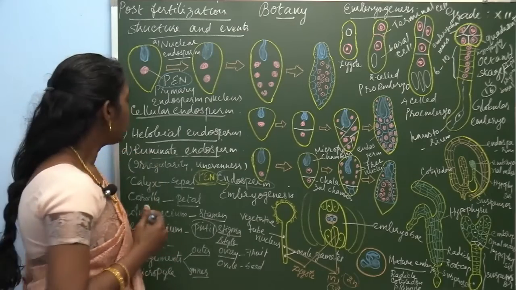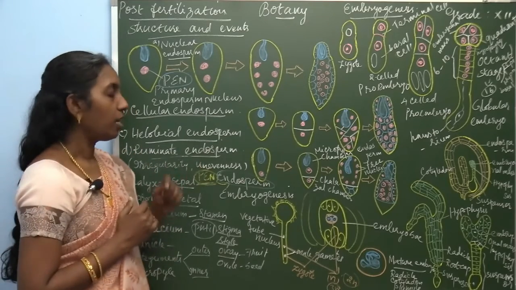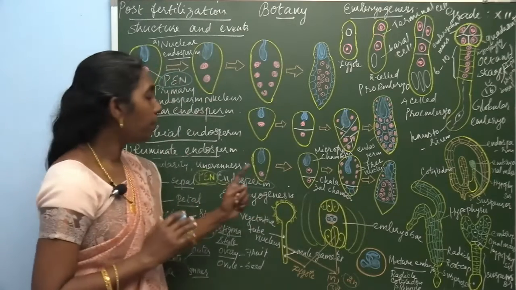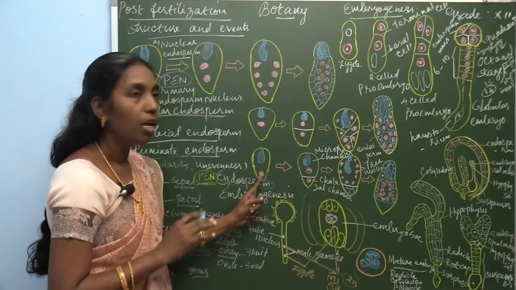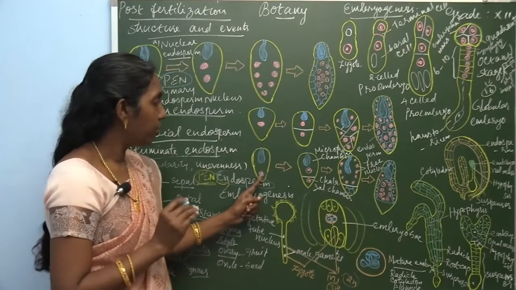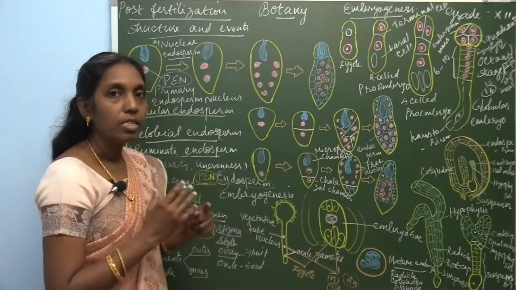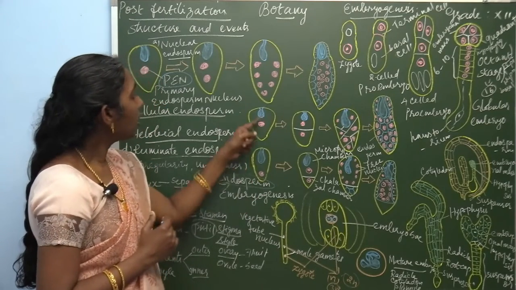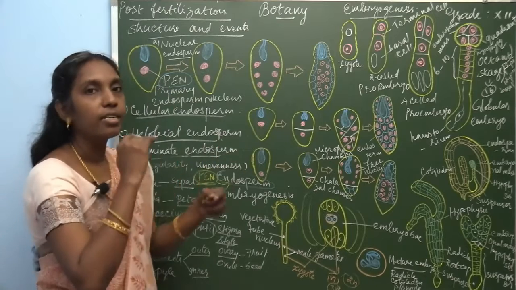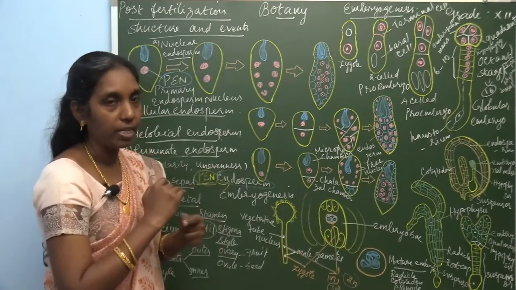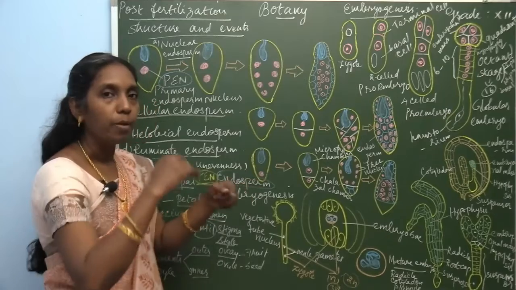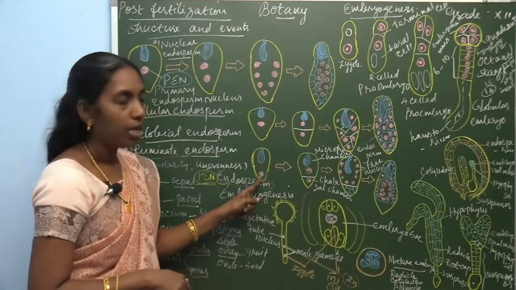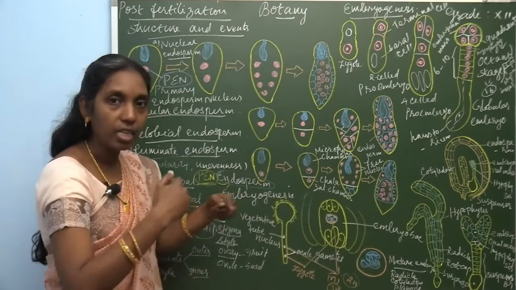The next type of endosperm is known as helobial endosperm. Look at this diagram. This is the primary endosperm nucleus. In the helobial type, the primary endosperm nucleus, which is otherwise present at the center or middle part, moves towards the chalazal region. This is the micropylar end, and this is the chalazal end.